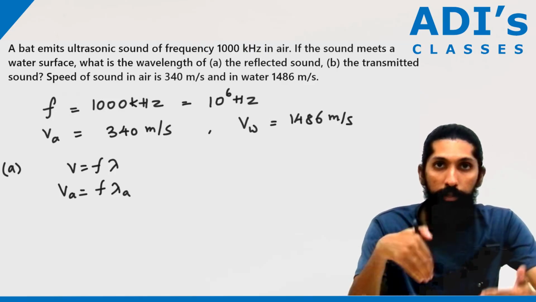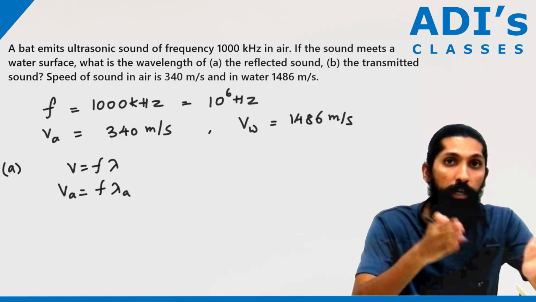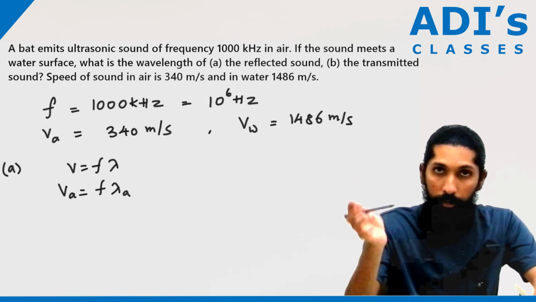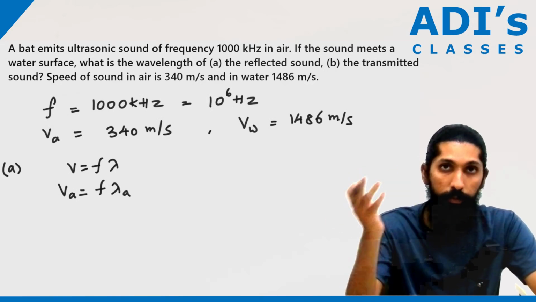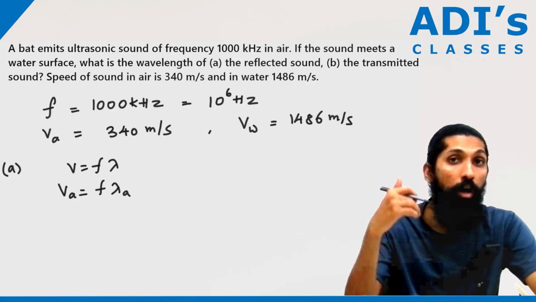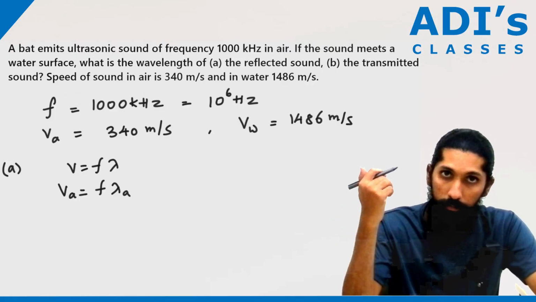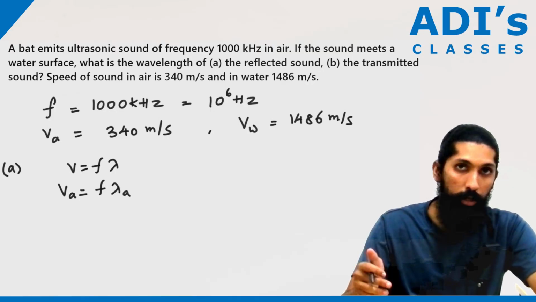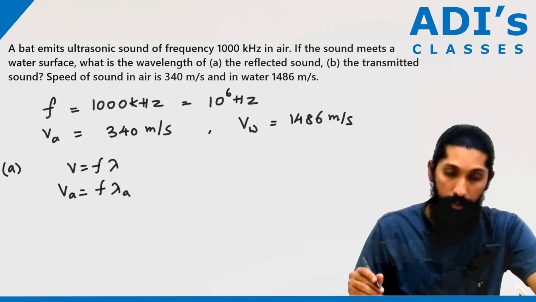The same thing is applicable here also, because any wave, if you consider, all the waves behave in the same way. Irrespective of what we are looking at, either longitudinal or transverse wave, they all follow the same principle. So here frequency remains constant, wavelength is going to change.